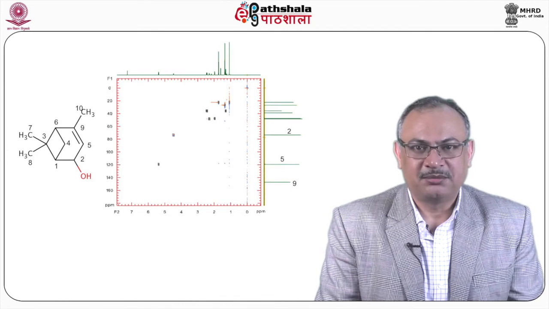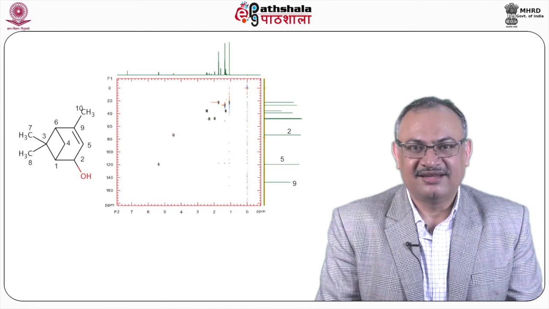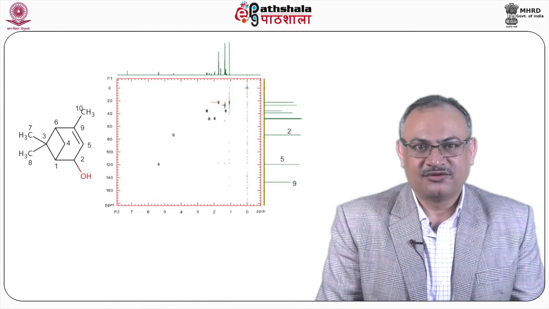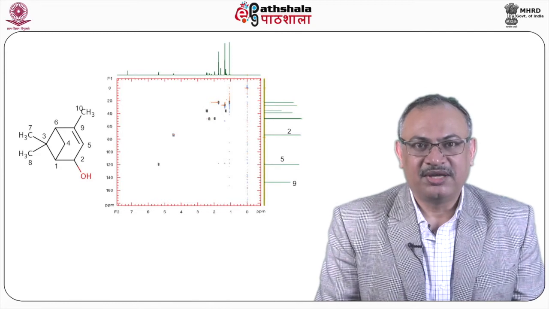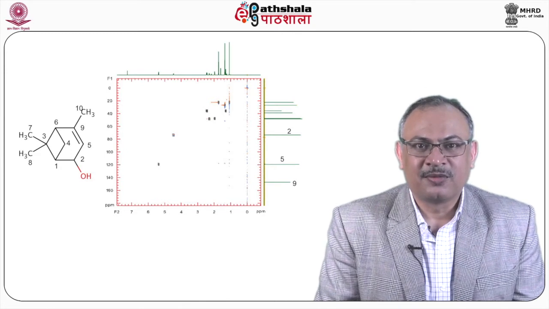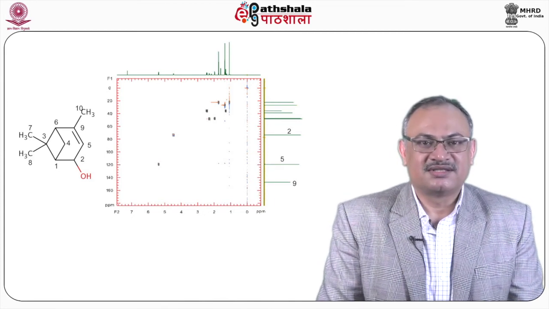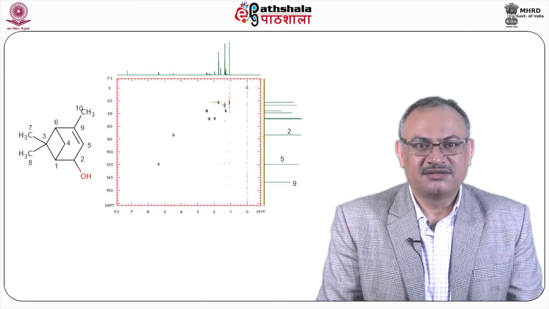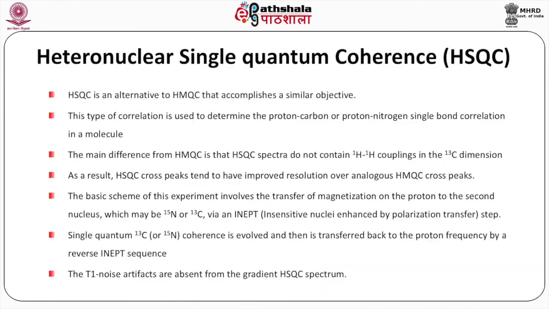And what you see are peaks, 3 of them labeled 2, 5 and 9. For example, 5 shows you a peak at around 5.3 ppm and it corresponds to around 120 ppm in carbon. So, this is a single-bond CH correlation for the carbon at position 5 with its proton.